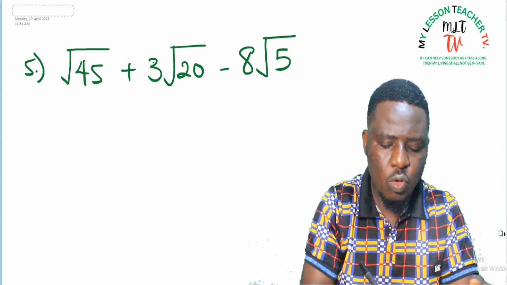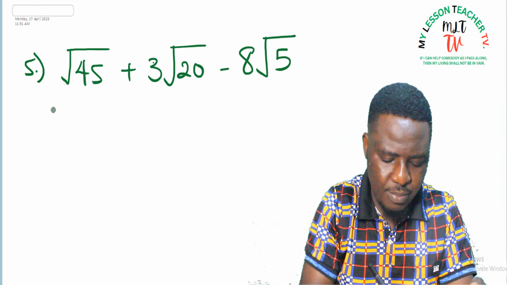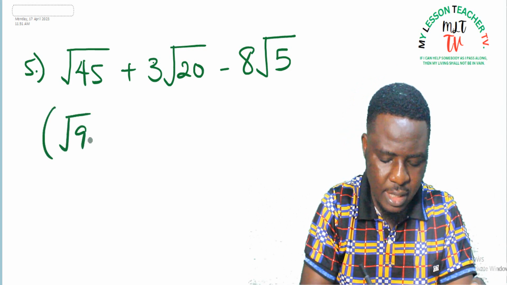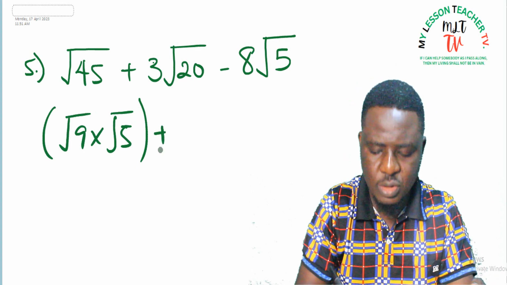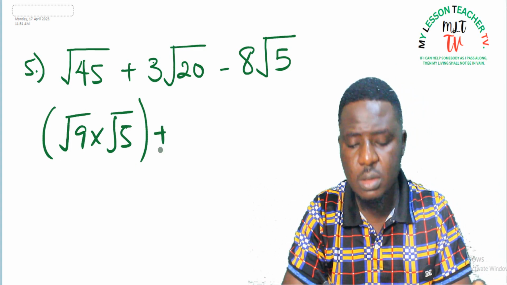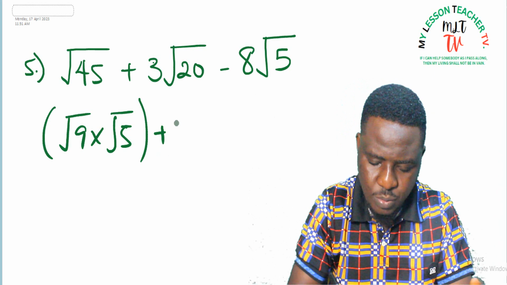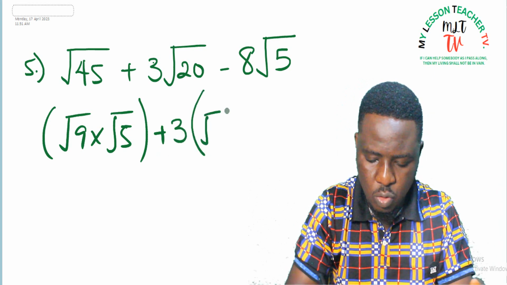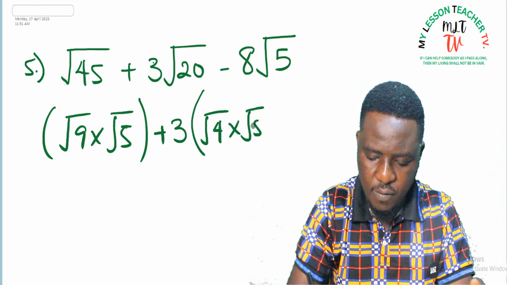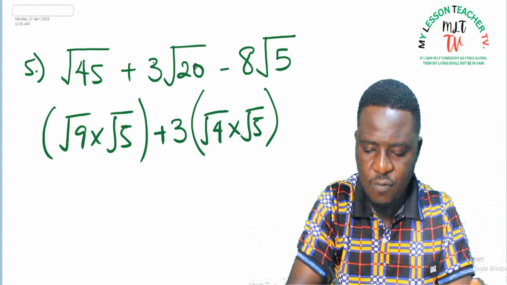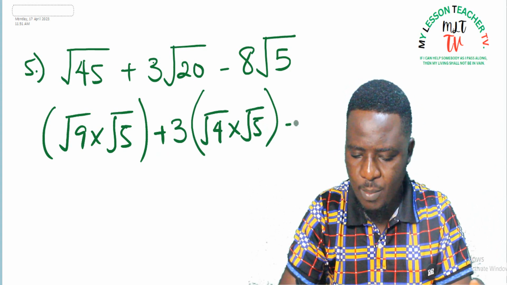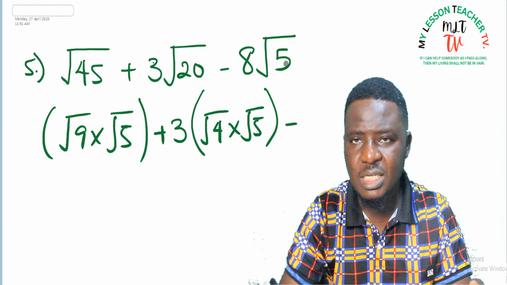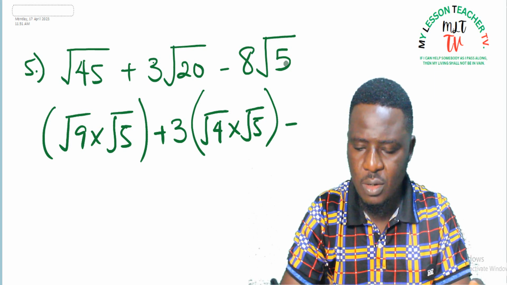Okay? So, root 45 can be simplified to be root 9 times root 5 plus, I can still break down root 20. So this is said to be 3 into root 4 times root 5. Root 4 times root 5 is equivalent to root 20. Minus 8 root 5 is in its simplest form, so we can't do anything more than that.